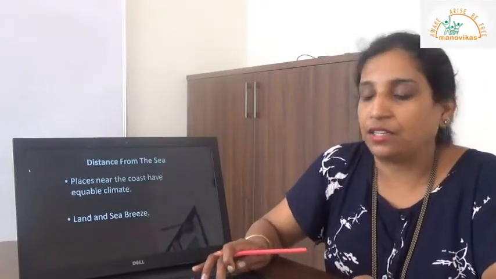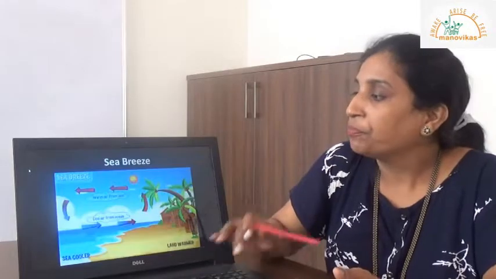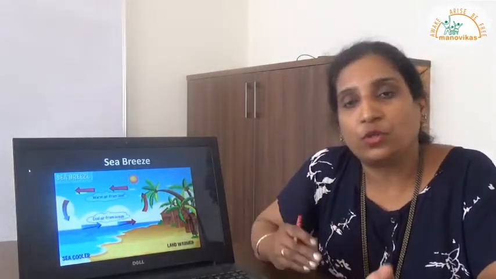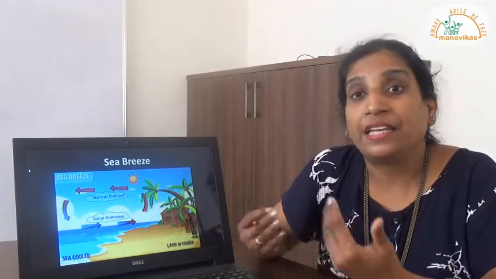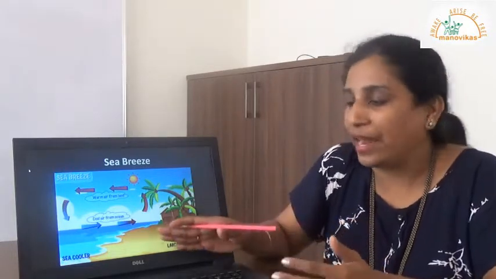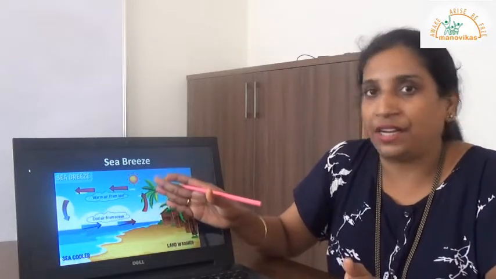The next factor is, before we begin with the next factor, I'll explain what is land breeze and what is sea breeze. When you are near the coastal region, during the daytime water bodies get heated up, and also the land masses. You can see in the picture here, this is the condition during the daytime.